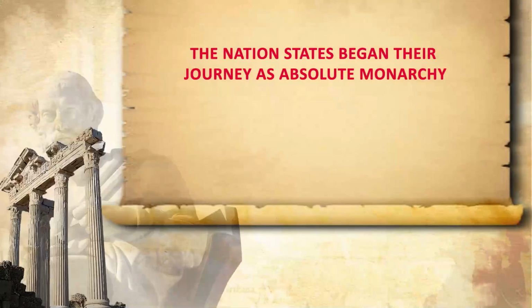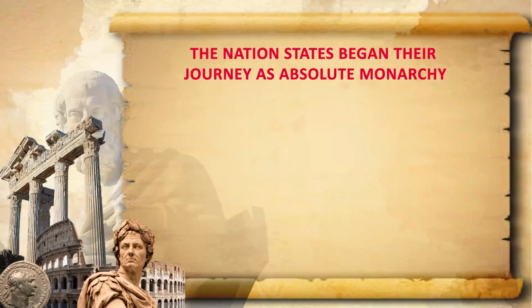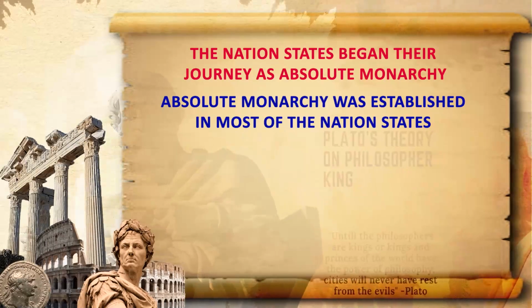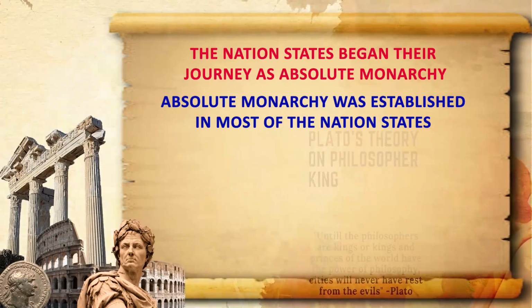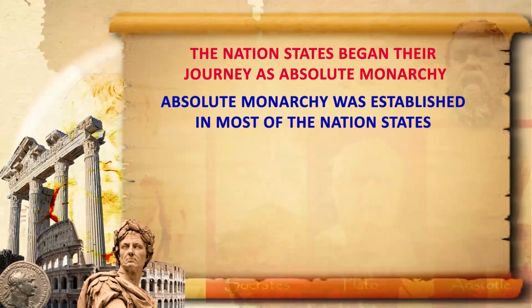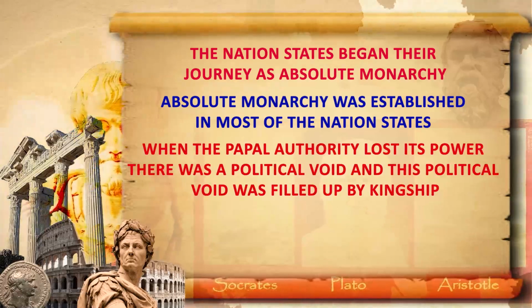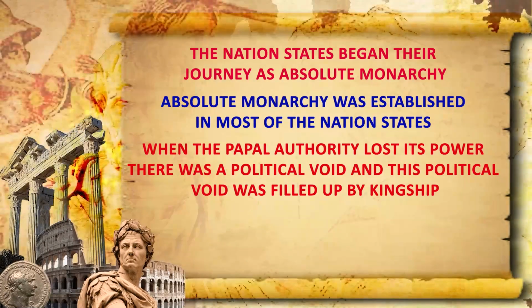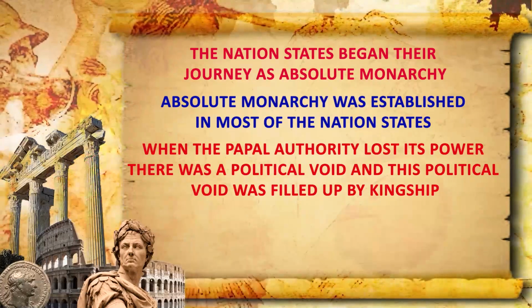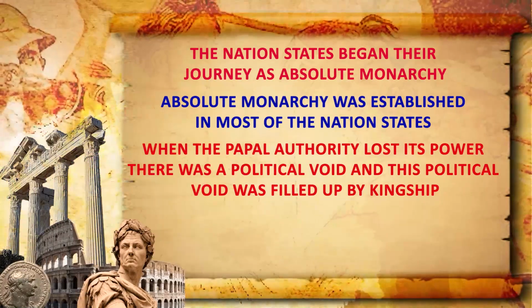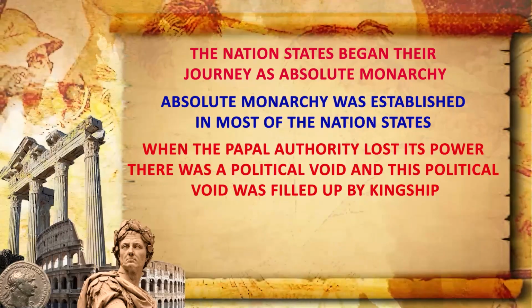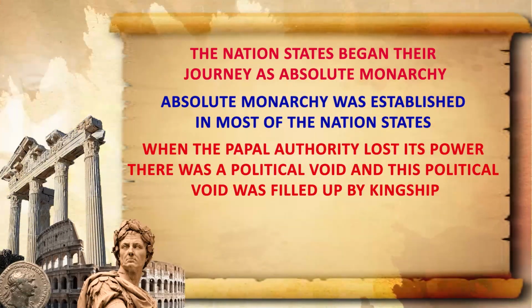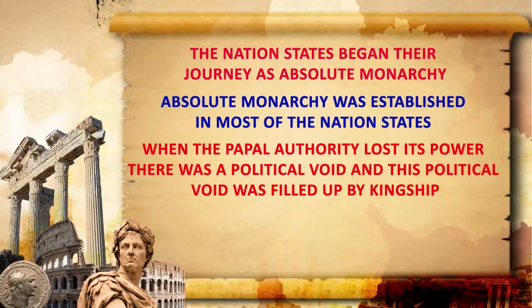The nation states began their journey as absolute monarchies. The absolute monarchy was established in most of the nation states because when the papal authority lost its power, there was a political void, and this political void was filled up by kingship.